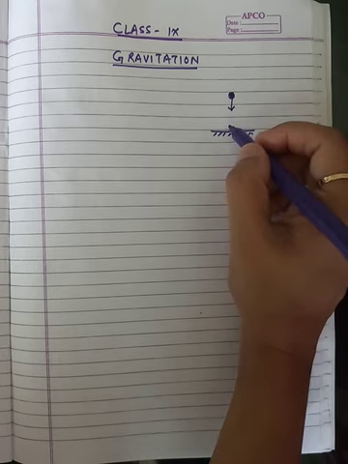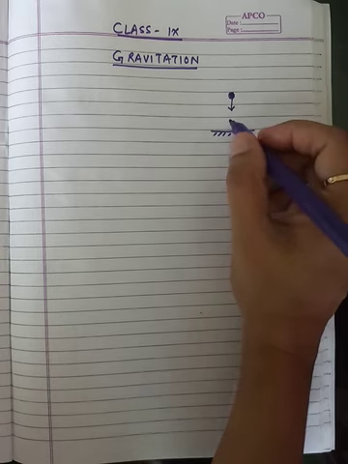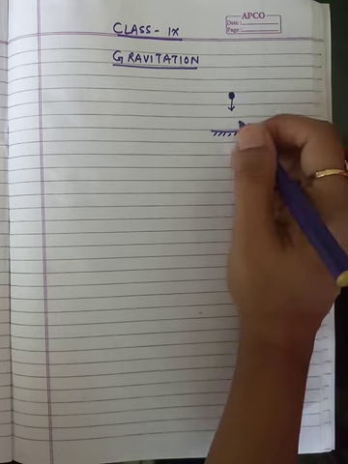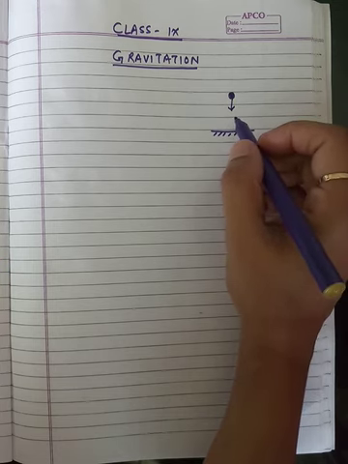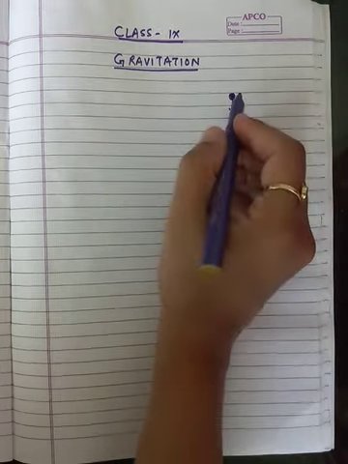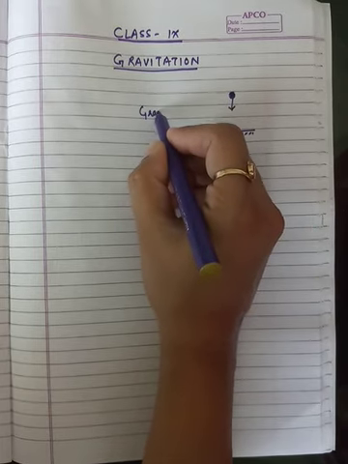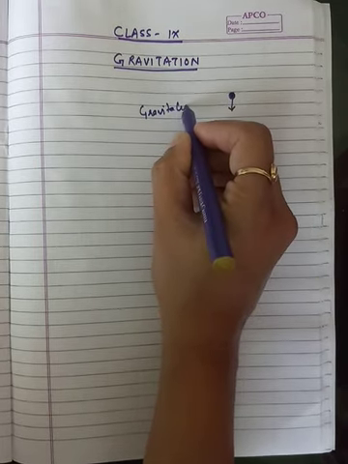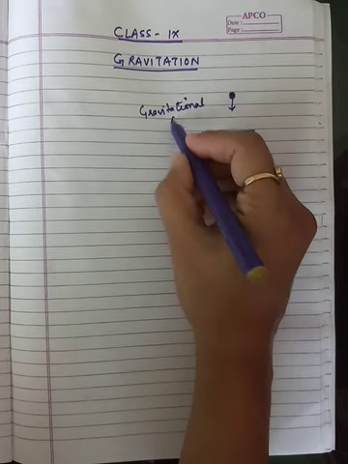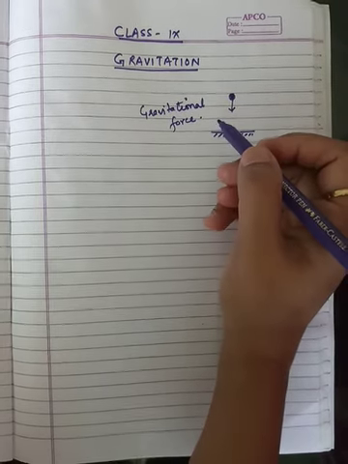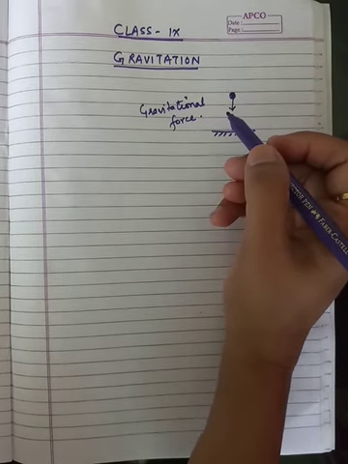And we know why it happens, because Newton has given a concept of gravitational force. This is falling towards the earth because of gravitational force. This we have studied. This is gravitational force. Okay.